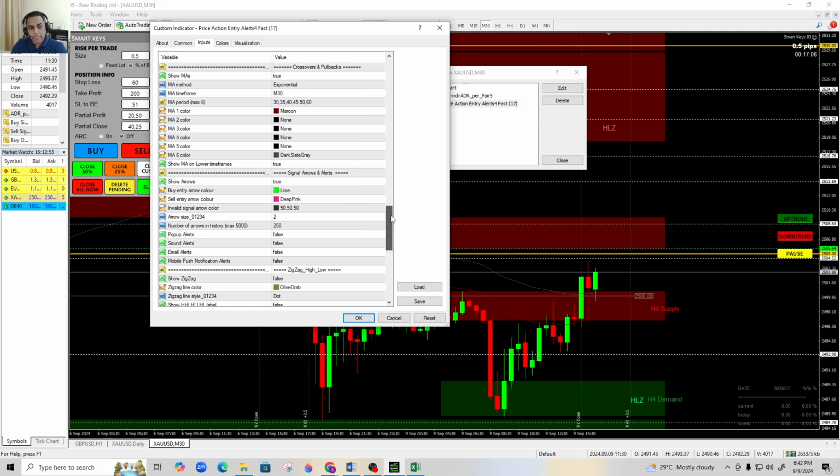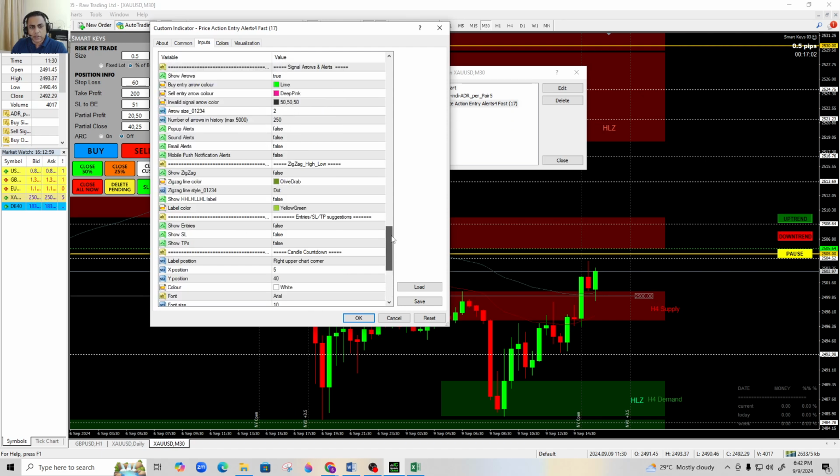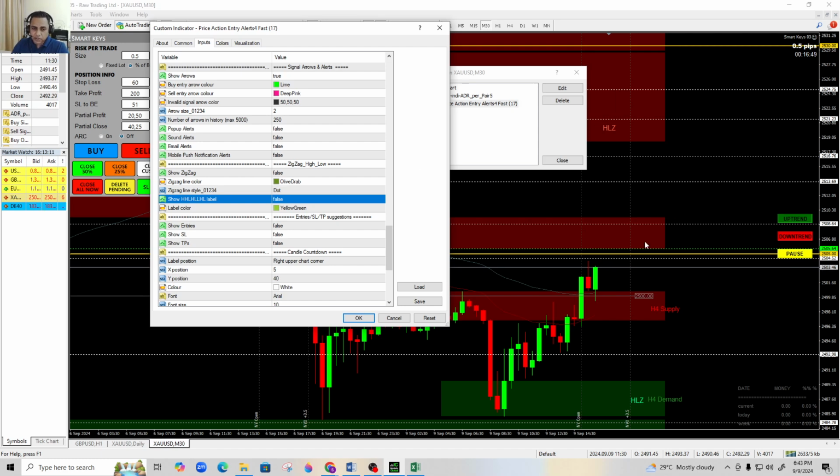So there are a lot of features that I don't use. For those who use higher highs, higher lows, and lower highs, lower lows, there's a setting that shows them perfectly. It's all inbuilt.